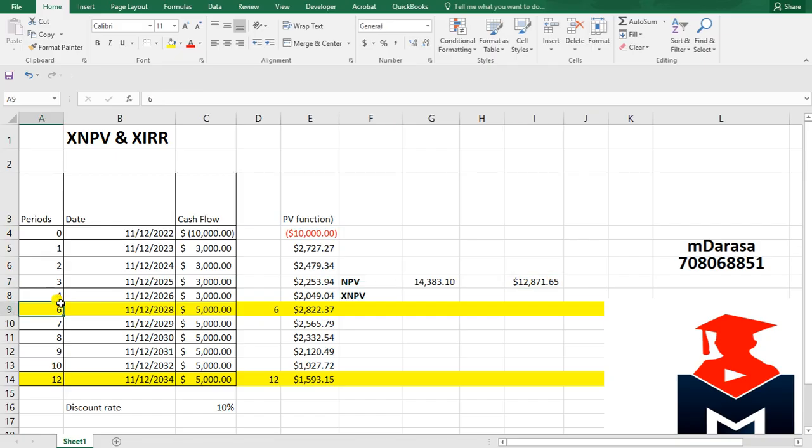For NPV, it has picked this one to be 5, so therefore this will be 6, this will be 7, this will be 8, this will be 9, and this will be 10. You see, giving us this period.